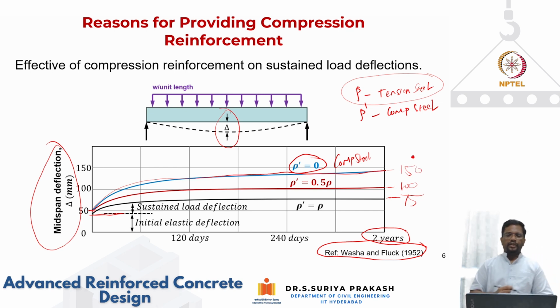By putting compression steel, we can substantially reduce the effect of sustained deflection. That is because the compression steel is relieving the stress in the concrete, and when the concrete is subjected to a lower level of stress, it's going to creep less, leading to a lesser sustained deflection.